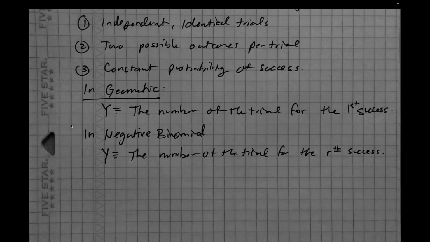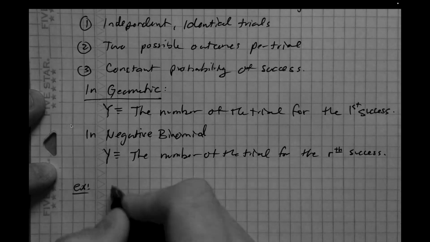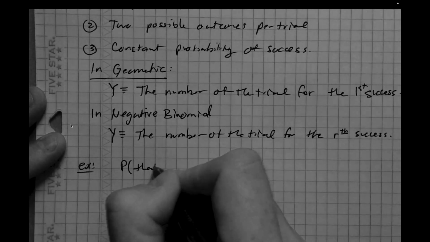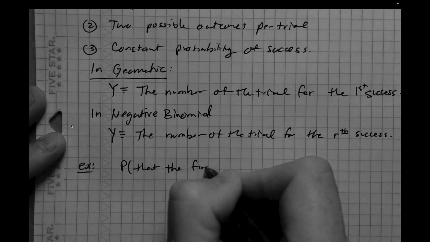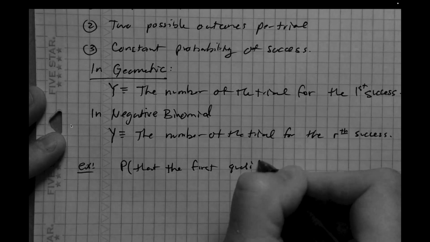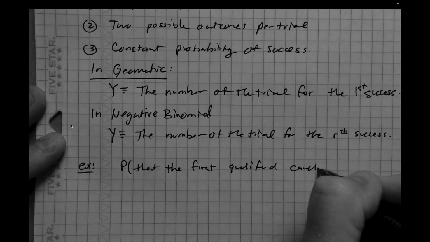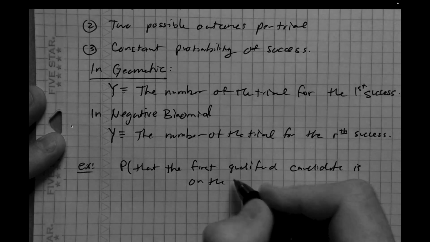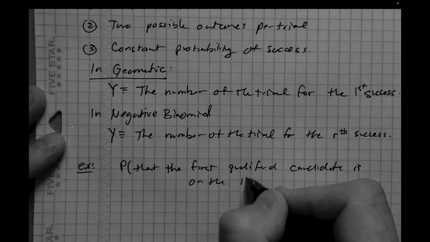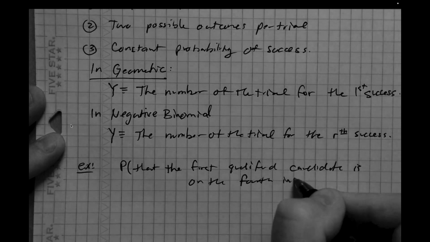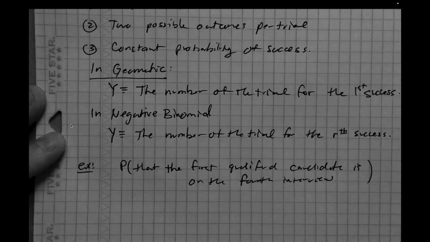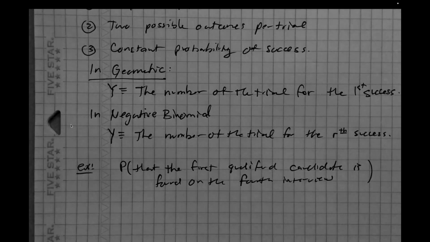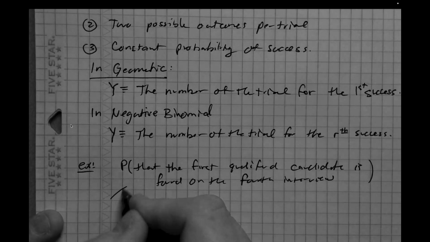So for example, find the probability that the first qualified candidate is found on the fourth interview. This is geometric.